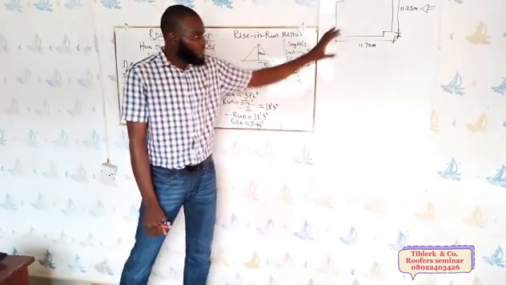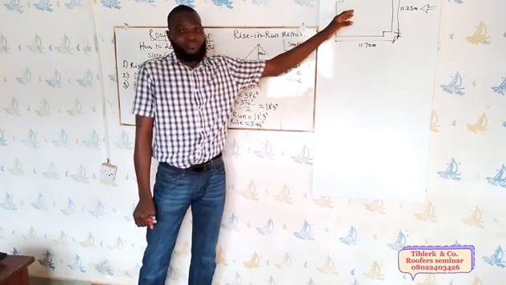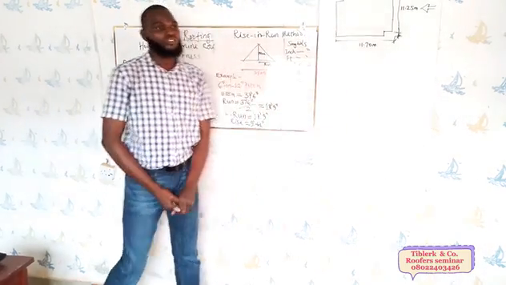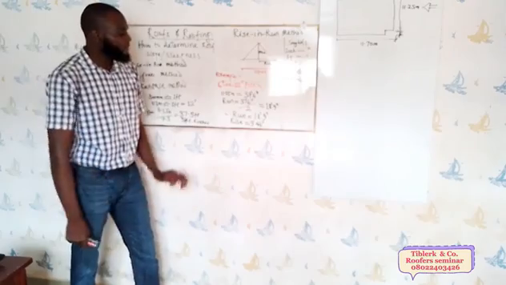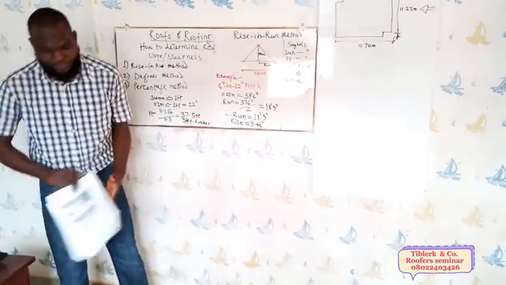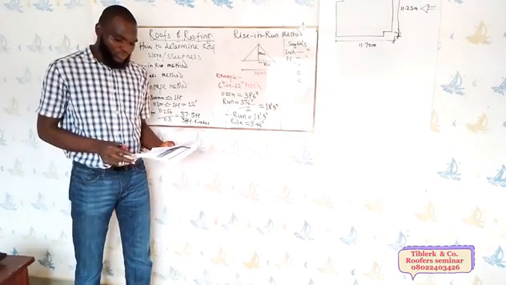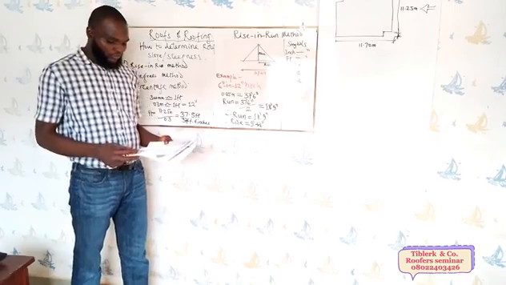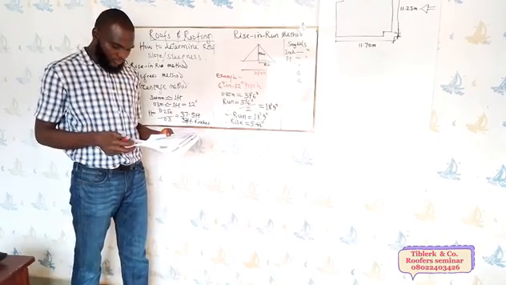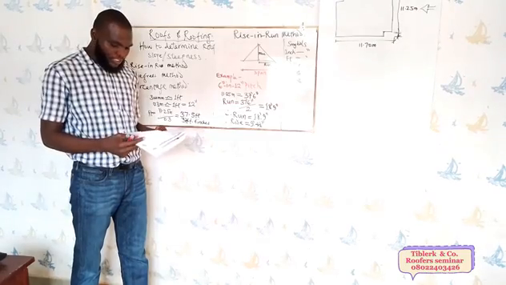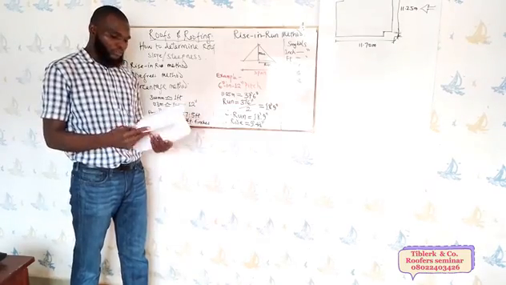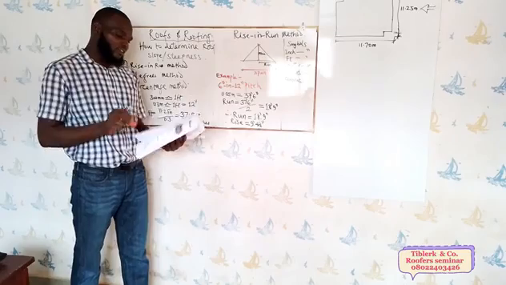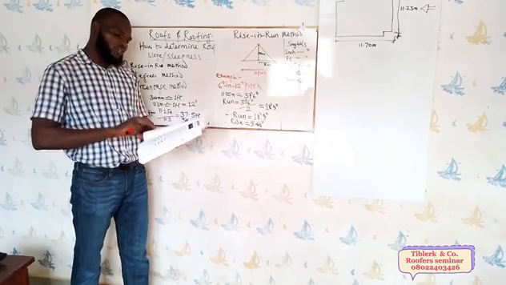We are still going to use this plan to do our first calculation. Now, let us assume that we are given the pitch to be 8 in 12, or also 4 in 12. We have all the variations that we can have.